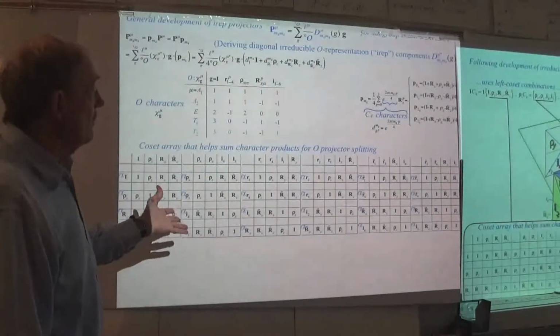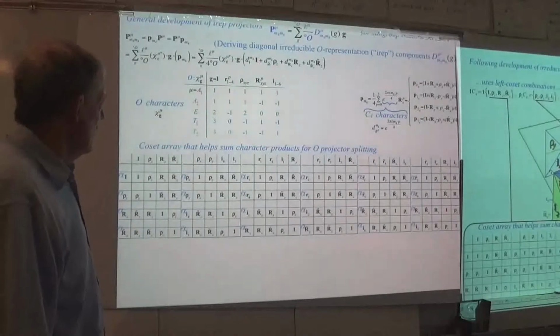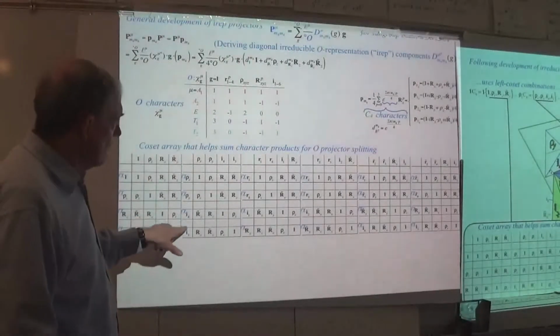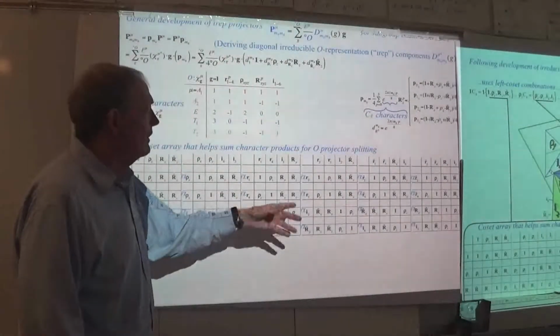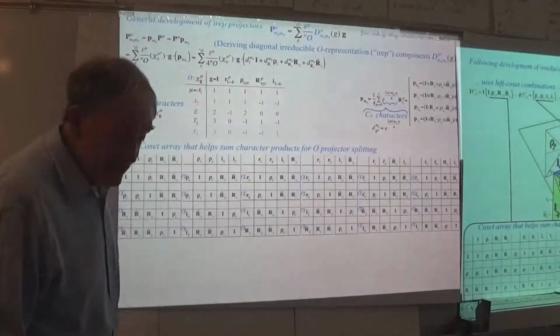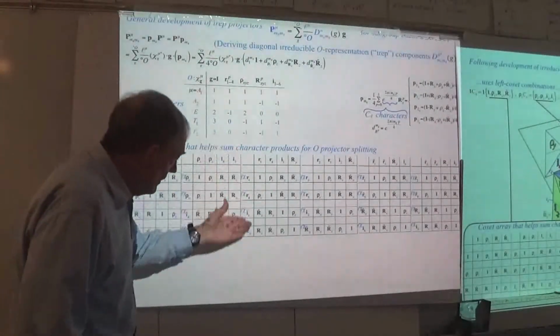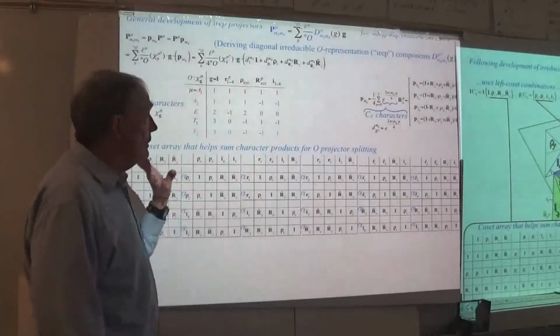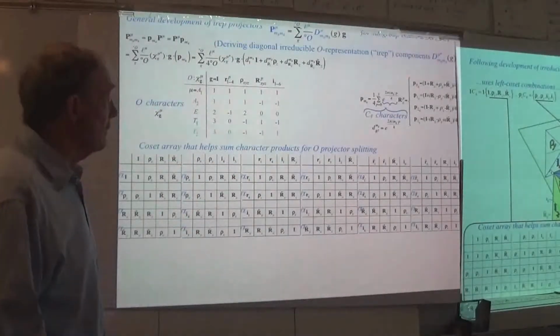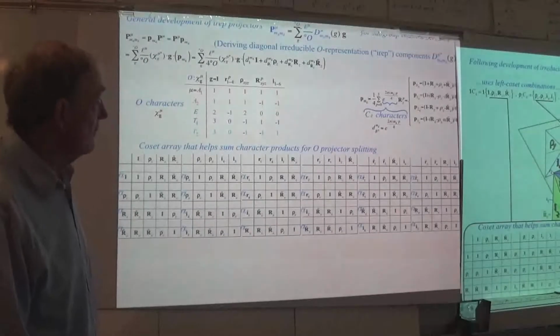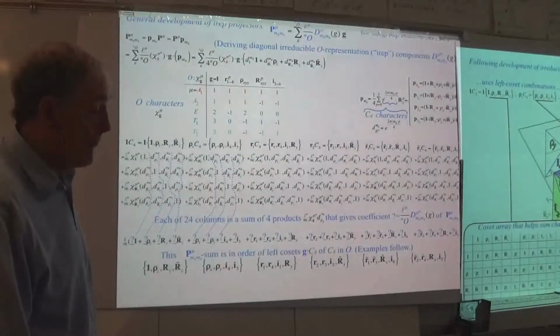So this is where it actually crashed. And I was just starting to put in the character designations and all of that, and then actually put the space here with a number that we would then add up for each column to get our irreducible projector that we need for a particular representation.